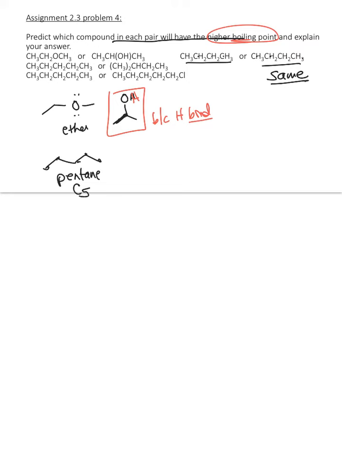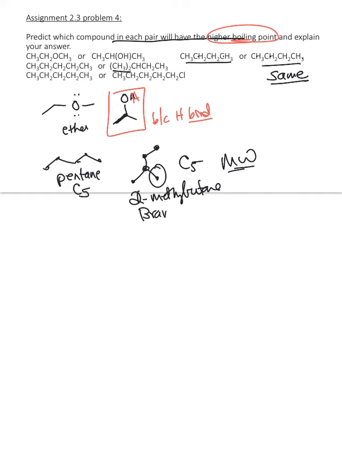This one is 2-methylbutane, and this has C5. So they have the same molecular weight, but this one's going to be branched.